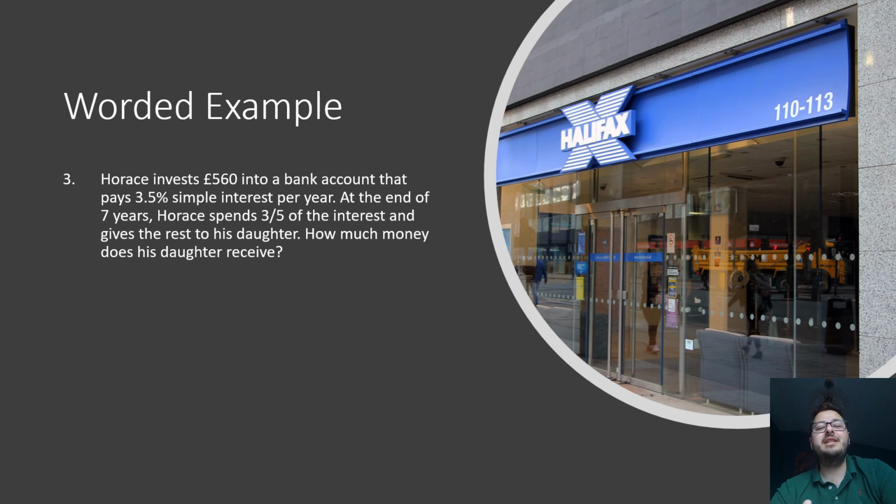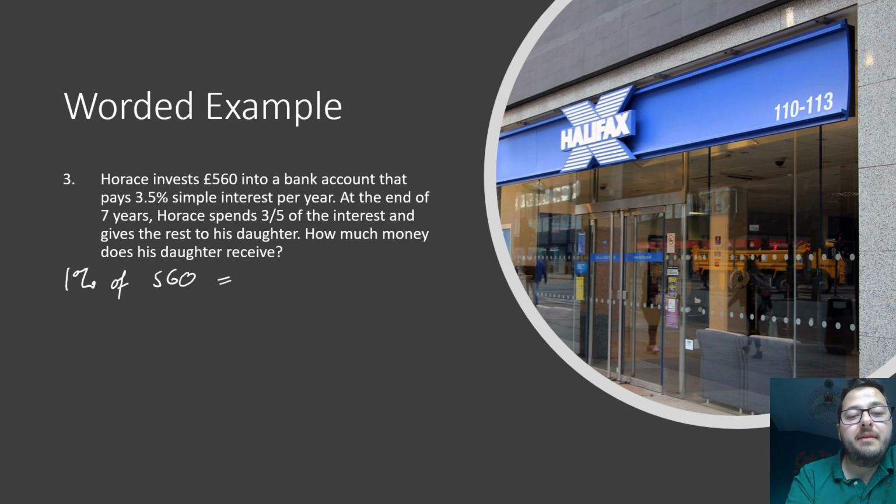So first of all, Horace invests £560 into a bank account that pays 3.5% simple interest per year. Let's work out what that is. 1% of 560 is going to be £5.60. Then we want to get 0.5% at some point, so 0.5% of 560 is just going to be half of this, which is £2.80.